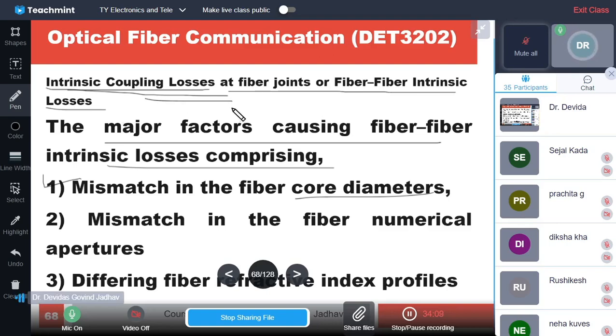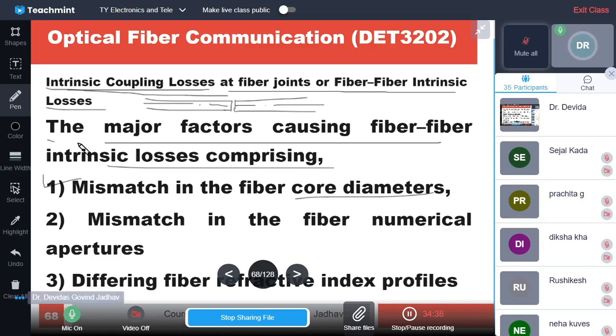Whenever two fibers are joined, what are the different losses? If these two fibers have different diameters, or different refractive index profiles, if these two fibers are not matching, that is, one has numerical aperture NA1 and another has numerical aperture NA2, okay, then there is a mismatch.